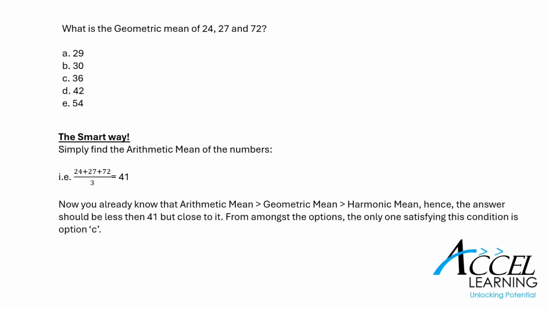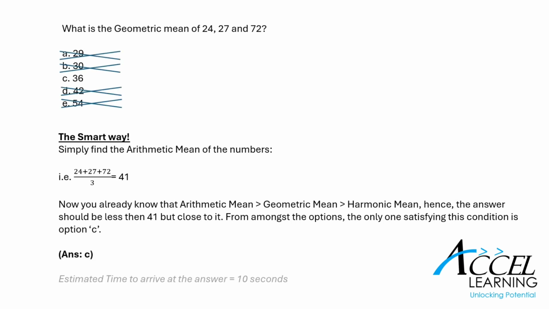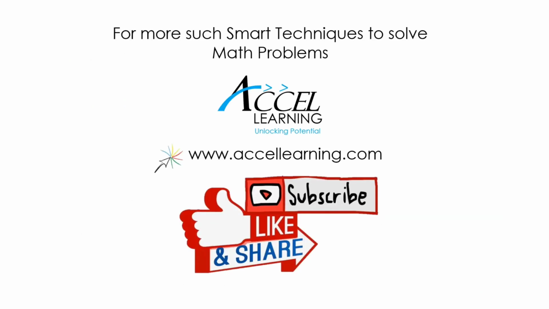Now you already know that arithmetic mean is greater than geometric mean is greater than harmonic mean. Hence, the answer should be less than 41 but close to it. From amongst the options, the only one satisfying this condition is option C, which is 36. And the estimated time to arrive at the answer is less than or equal to 10 seconds.